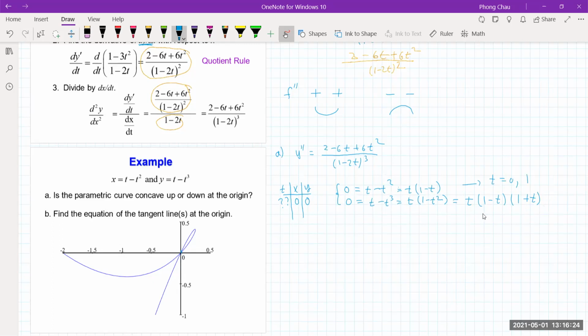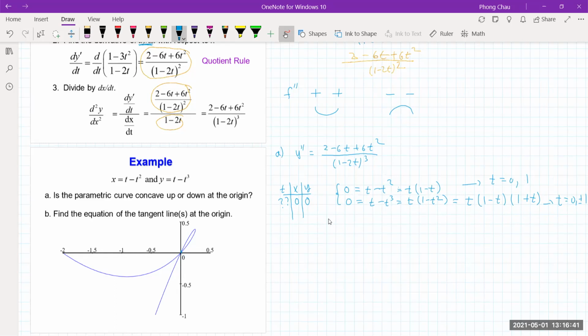From the second equation, we have t equals 0 and plus or minus 1, that is 1 and negative 1.